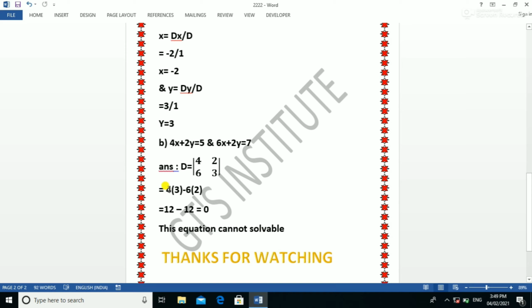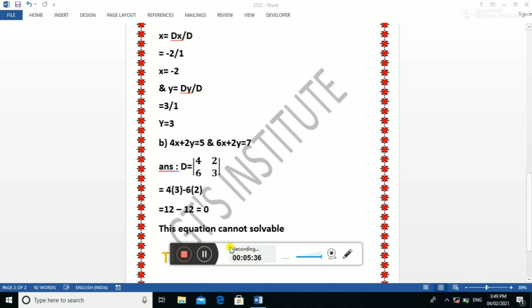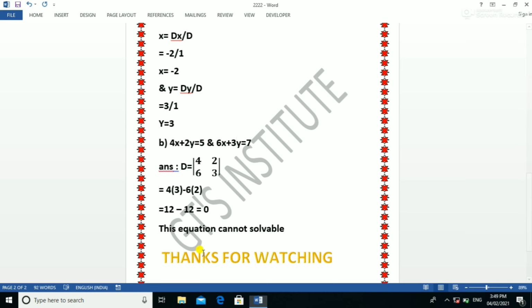And then the second example: 4x plus 2y is equal to 5 and 6x plus 3y is equal to 7.